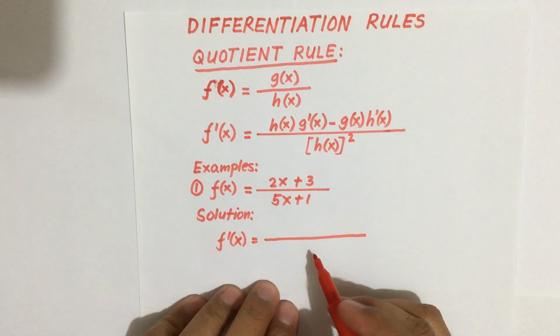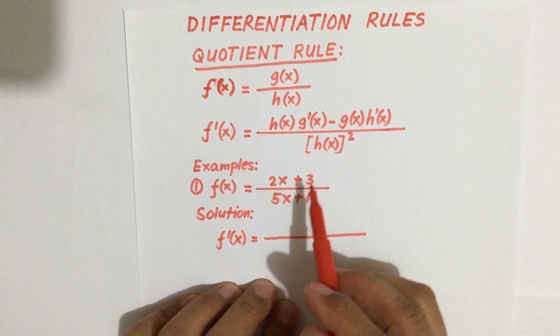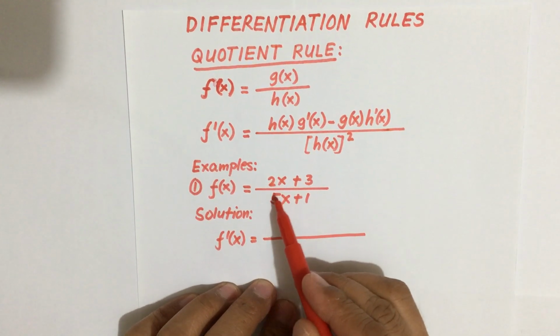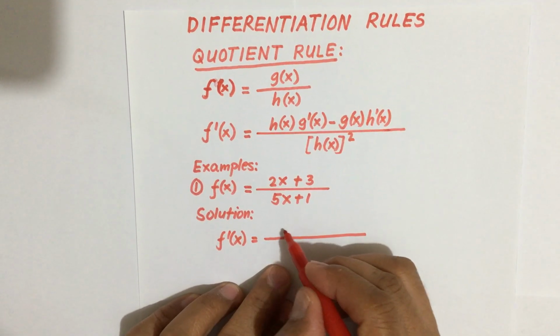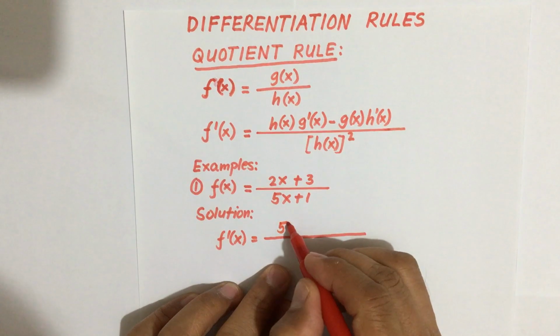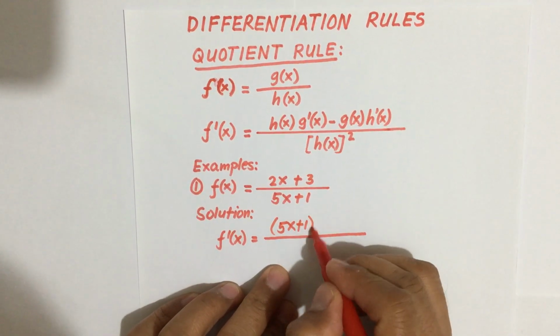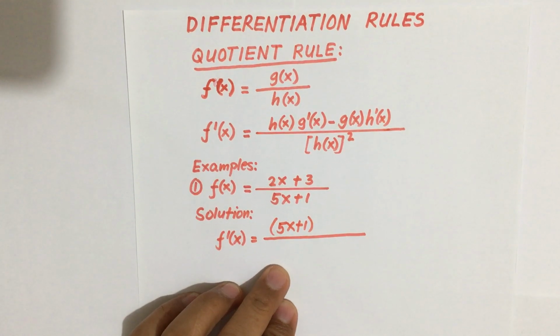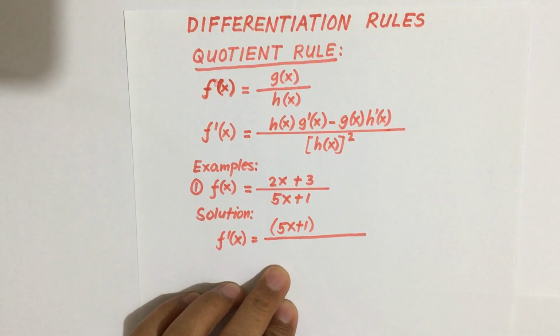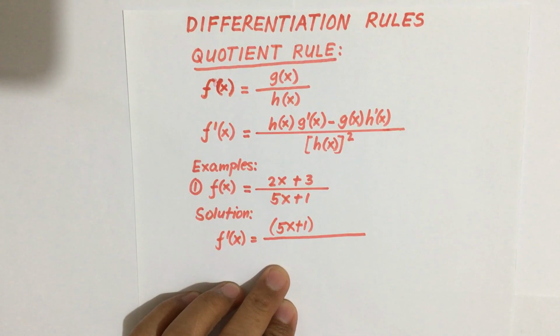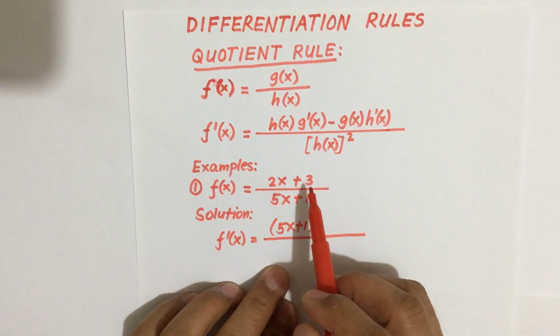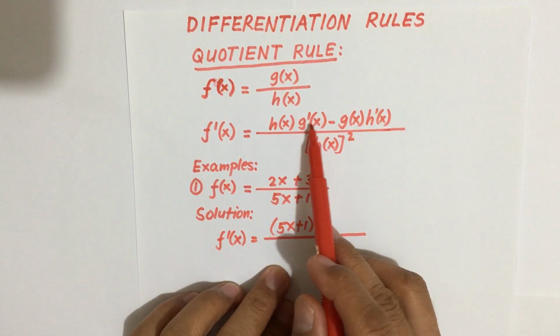so first we just copy the denominator. So this is our denominator, 5x plus 1. Then multiply this by the derivative of the numerator.